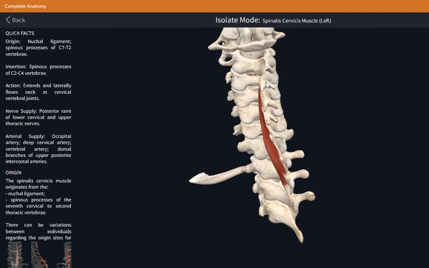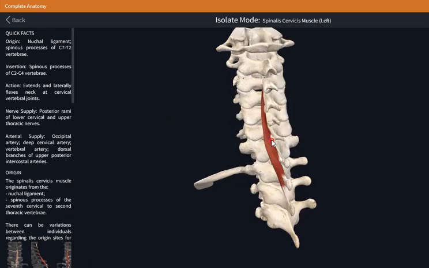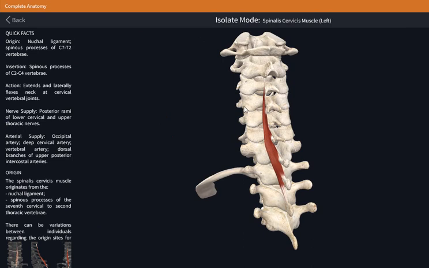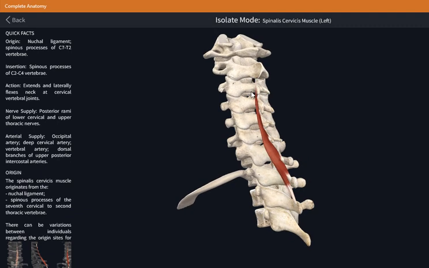The origin is here at the spinous process, and the insertion is here. It is going to be the posterior rami of C7 to C8 to T2, because the fiber below C7 is C8, and the fiber below is T2.